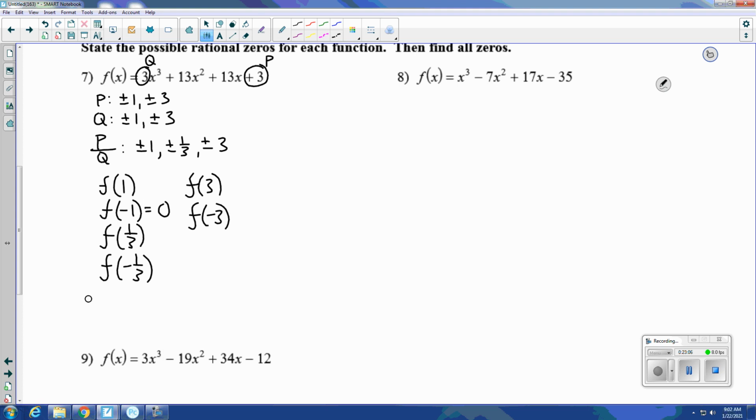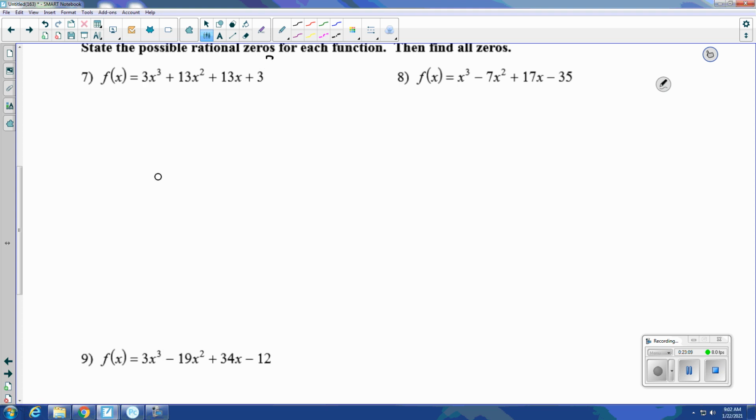So we're going to use that remainder theorem we discussed. Once we've identified that, we're going to say x equals negative 1 is a solution. We already found the first one by checking our list. From there, if x equals negative 1 is a solution, then x plus 1 is a factor.